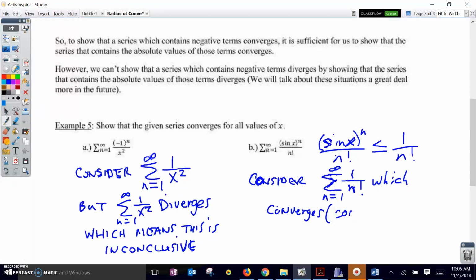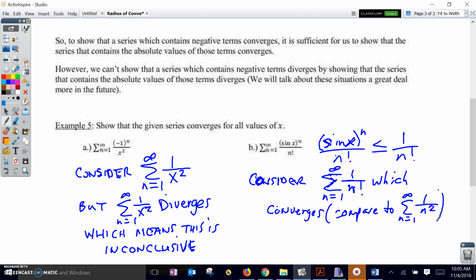And I just compared it to, you know, 1 over 2 factorial is 1/2, so it's not smaller yet than 1 over 2 squared. 1 over 3 factorial is 1/6, so it's not smaller than 1 over 3 squared. 1 over 4 factorial is 1 over 24.